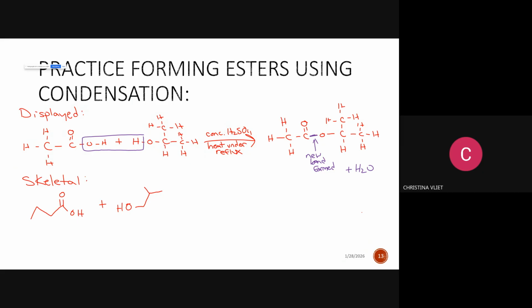What do we do now? What now? What are we taking out? What are we putting together? Take out OH from the carboxylic acid and take out H from the alcohol and merge everything else together, right?